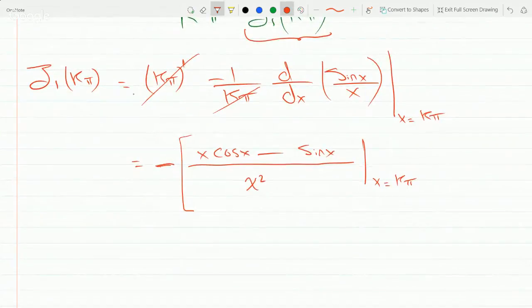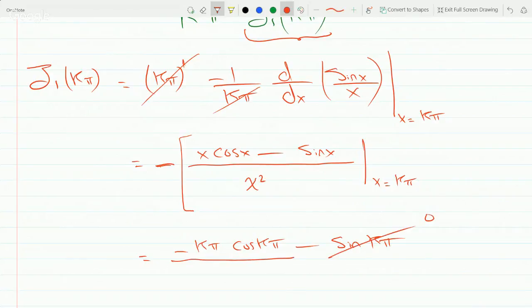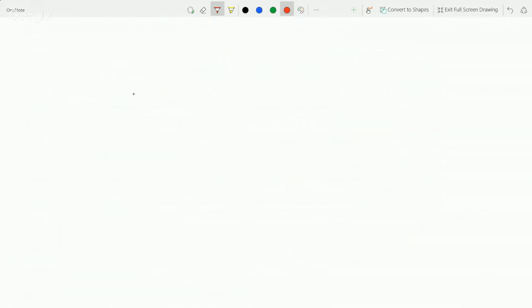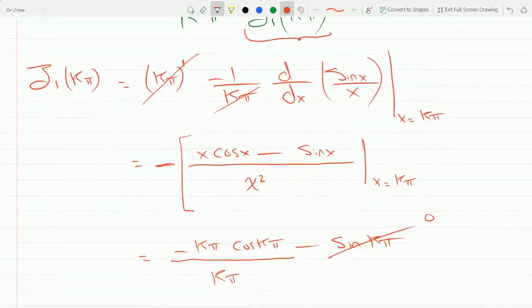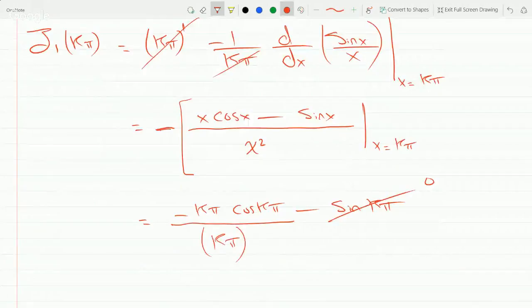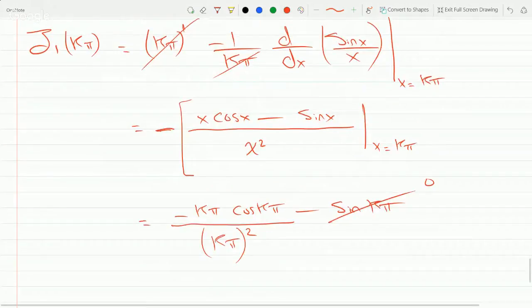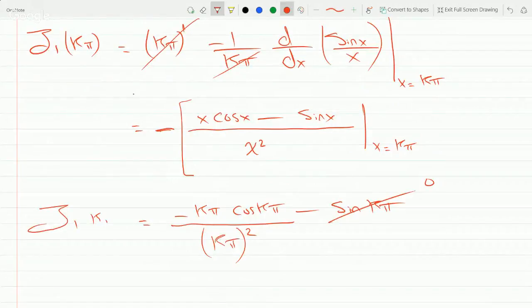So this is going to be minus k pi cosine k pi minus sine k pi, right? Sine k pi, of course, is 0. Then you have the quotient over k pi squared, and this is of course going to depend, so this is j1 of k pi.